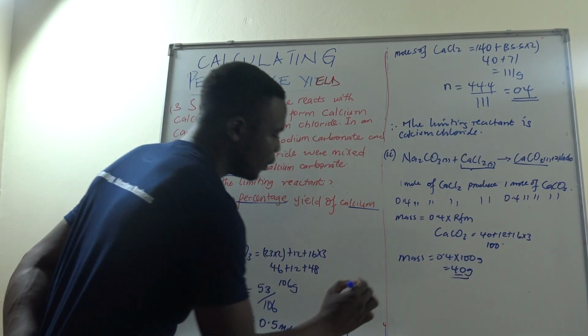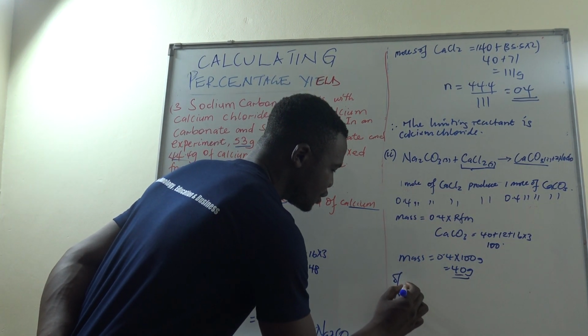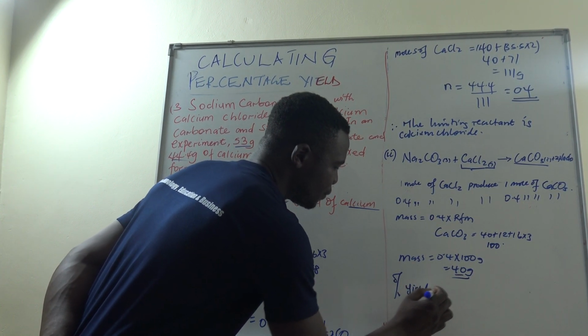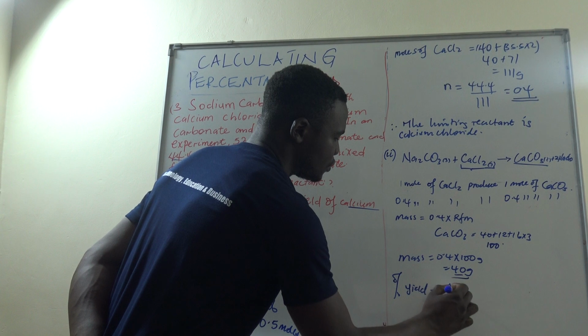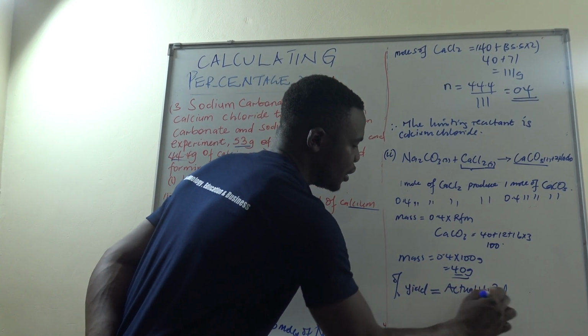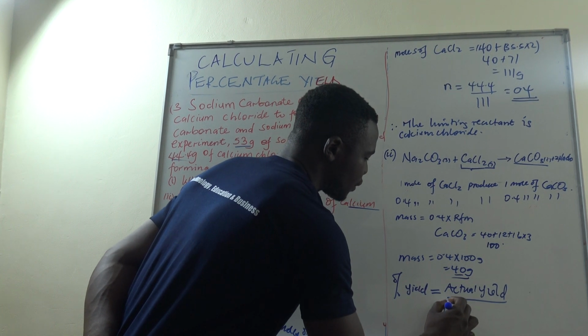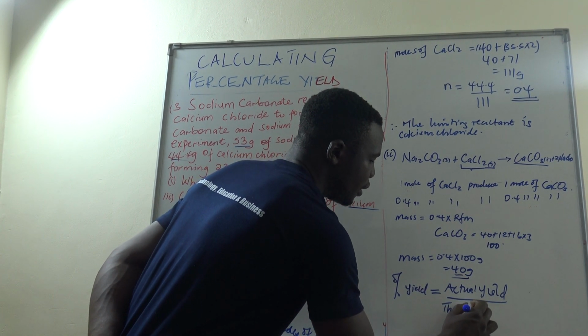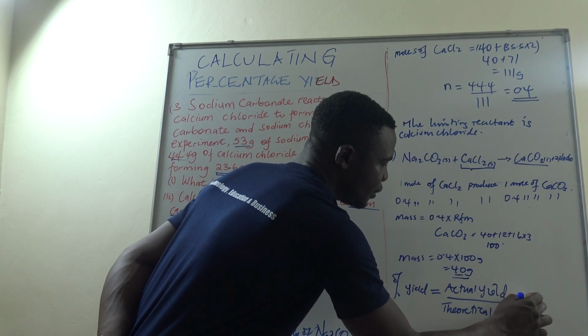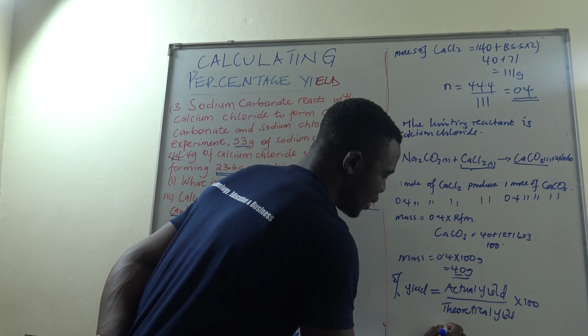So again, percentage yield, in our same formula, is equal to actual yield over theoretical yield multiplied by 100.